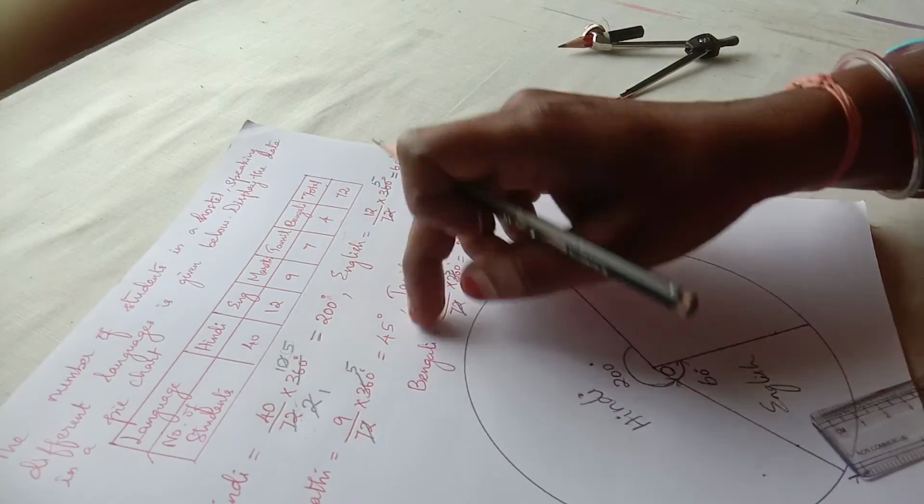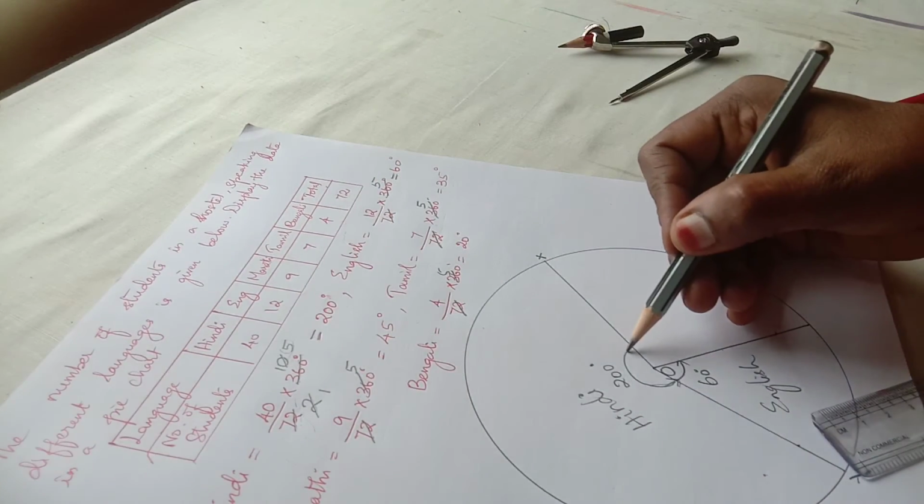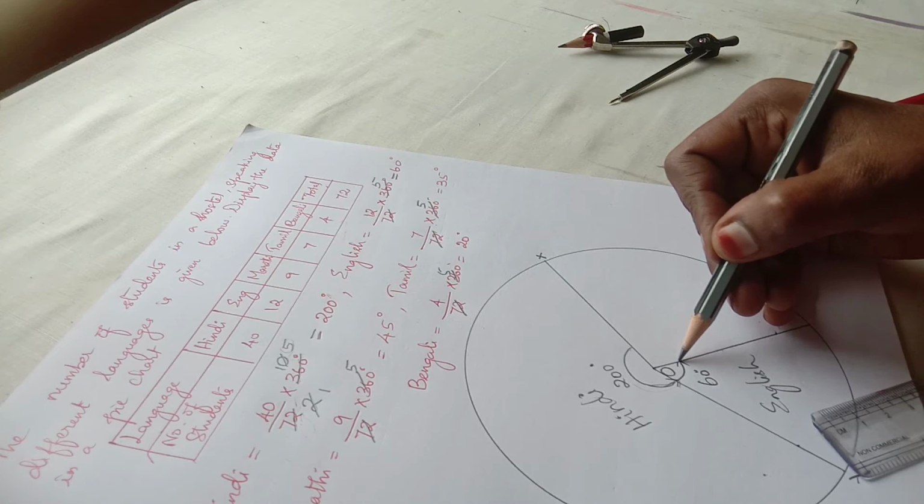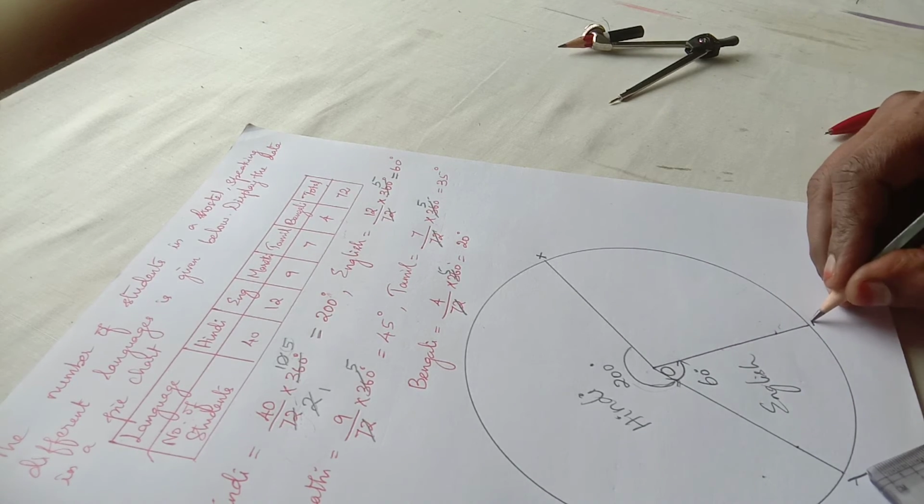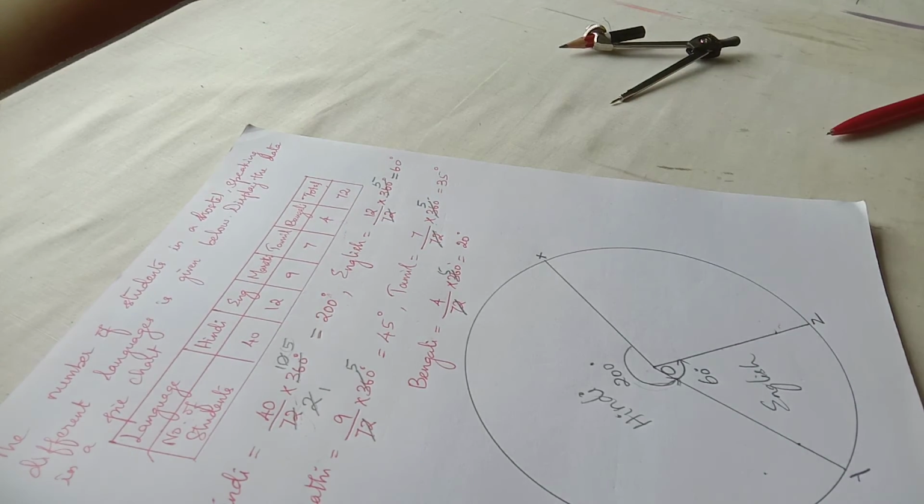So now next let's construct 45 degrees. See, the arrow mark ended here. So now let's name this OZ. The radius OZ.